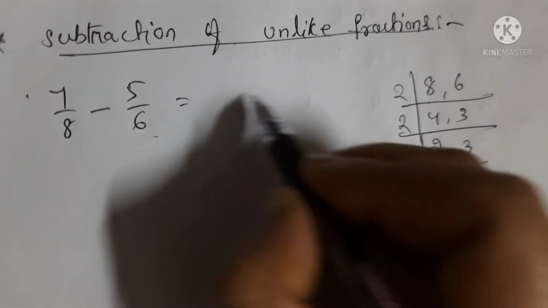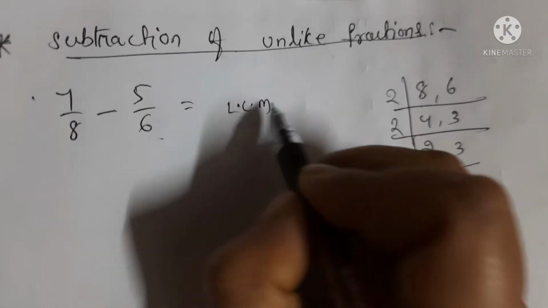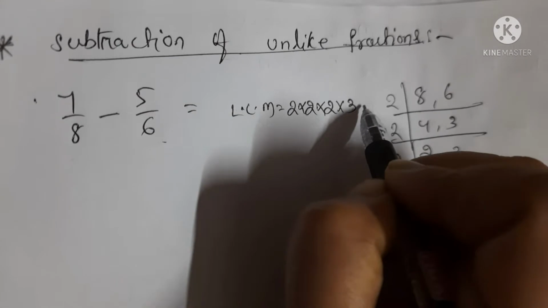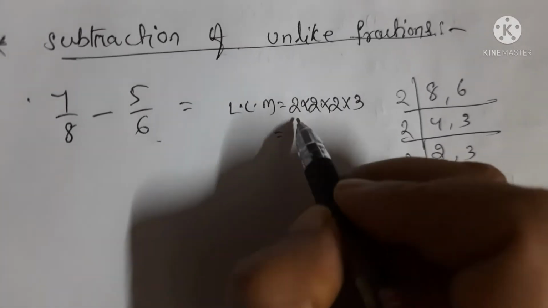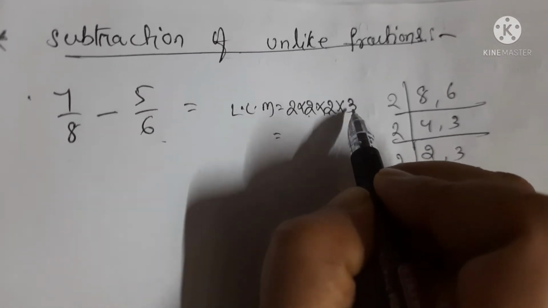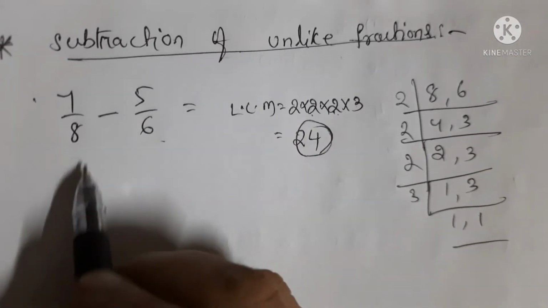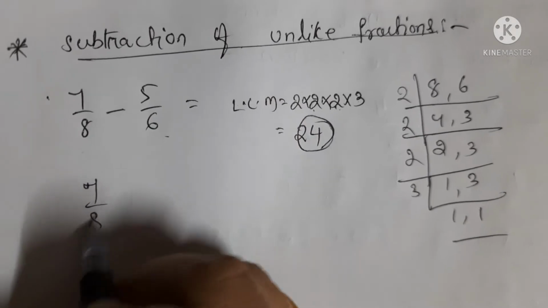So here the LCM is 2 into 2 into 2 into 3. 2 2s are 4, 4 2s are 8, 8 3s are 24. This is your LCM.